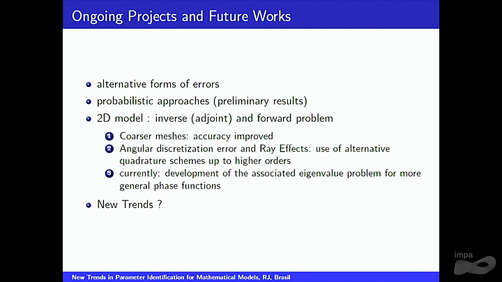That's also the idea for the direct problem you are using, trying to solve it for the tomography. We have a formulation that is able to deal with alternative quadrature schemes, which we have seen in the literature. It can be important in the codes that are used to estimate the coefficients. And that's what we are working on now.